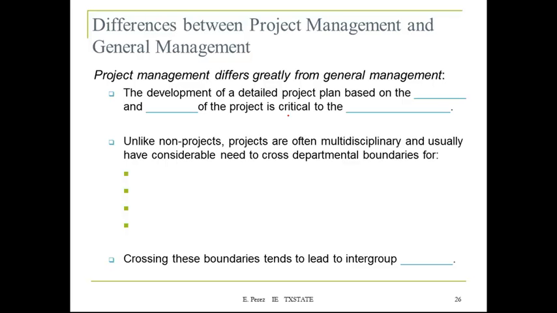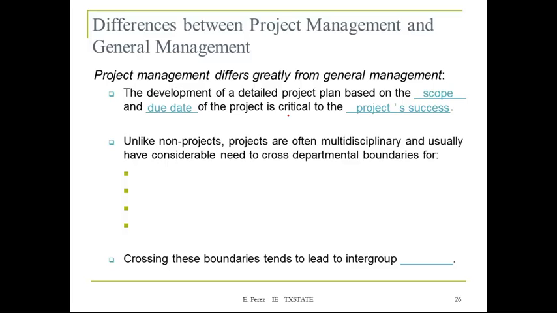The development of a detailed project plan based on the scope and due date of the project is critical to the project success. So this is going back to scheduling, controlling, and planning. So you need to make sure that you satisfy those due dates for the project to be successful.